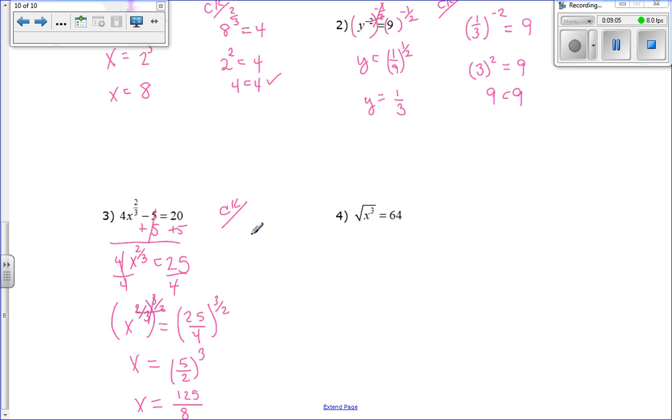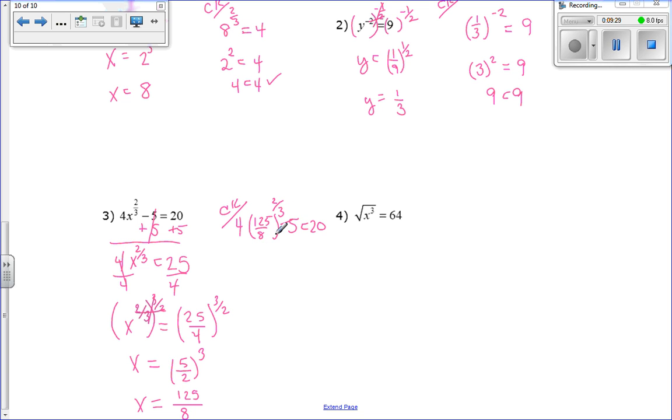Favorite thing to do is to check. So we have 4, and then 125 over 8, minus 5 equals 20. Got my power here, 2/3.